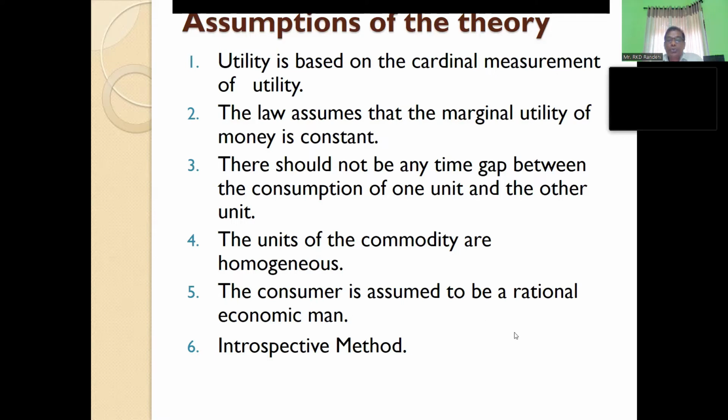The consumer is assumed to be a rational economic man. Right? He is purchasing a commodity to maximize the utility. He spends his money to maximize the utility. When you go to the market, you cannot just buy something because you are very busy.